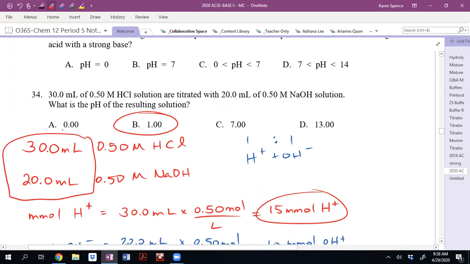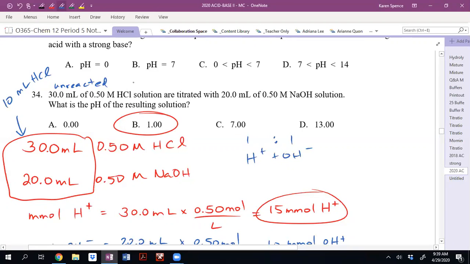So you could absolutely do that because they are the same concentration. You could say I have 10 milliliters of the HCl unreacted. Okay, 10 milliliters of the HCl are unreacted. And so that would mean that we would have 10 milliliters.